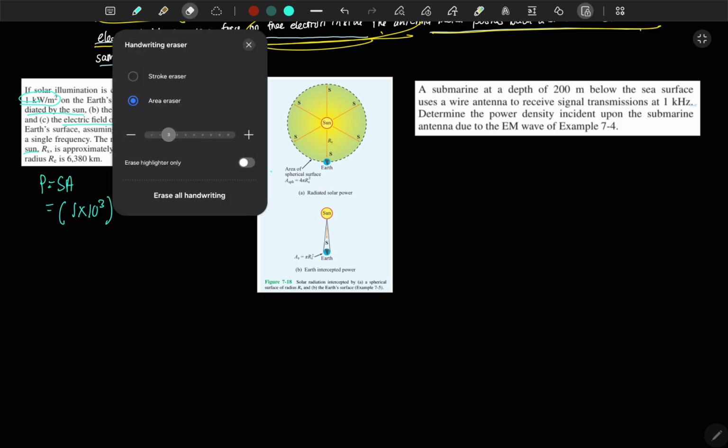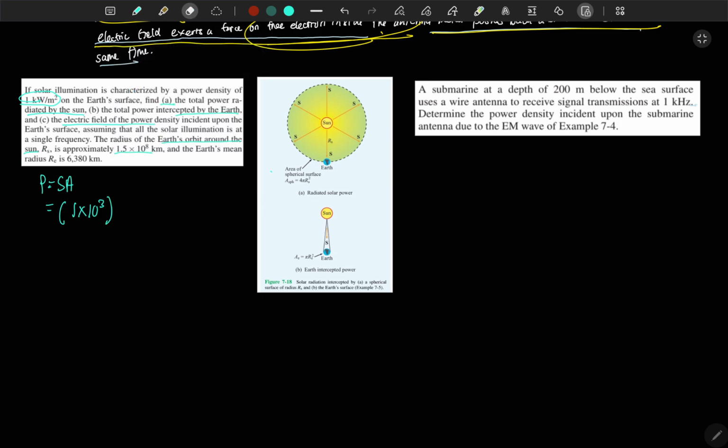Then our area is 4 pi r squared, where r is 1.5. Now this is in kilometer, so we need to change it into meter. So the total would be 2.8 times 10 to the power of 26 watt.